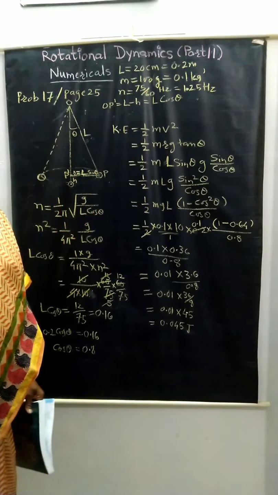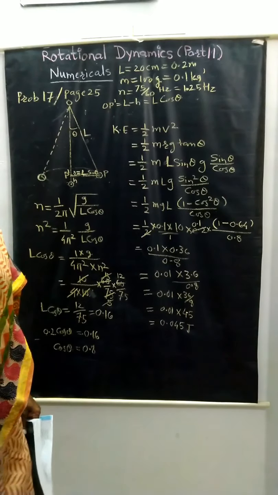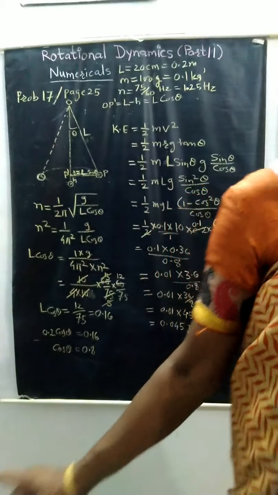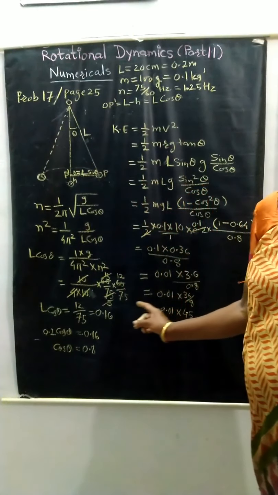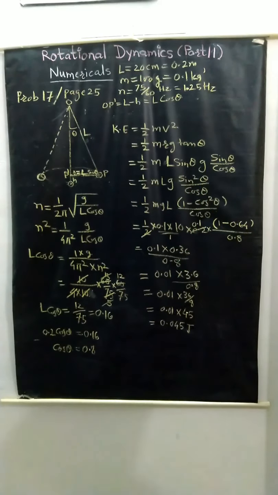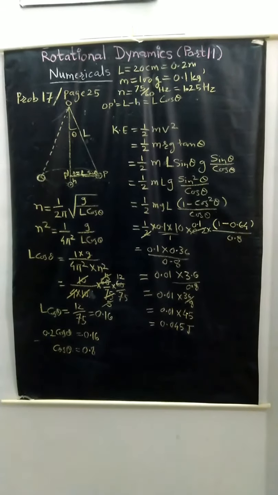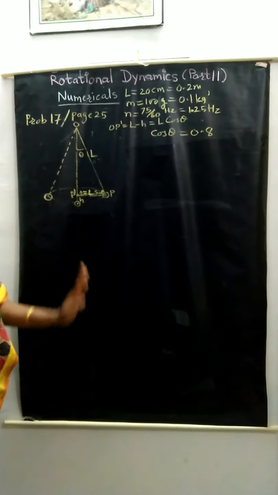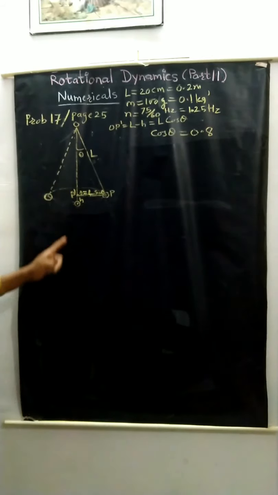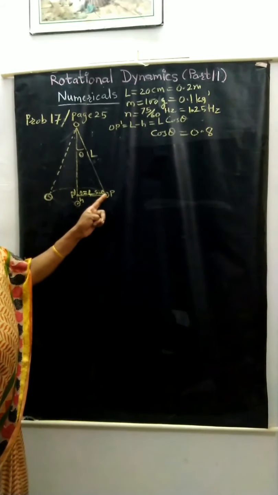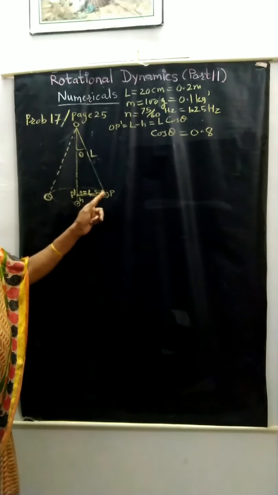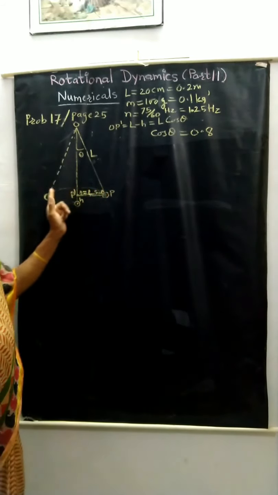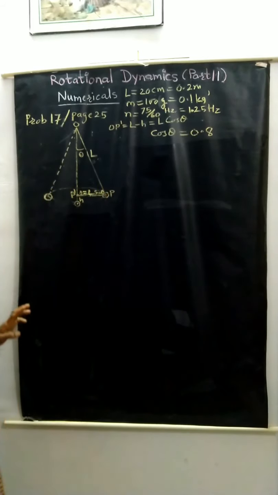Now the remaining thing is the increase in the potential energy of the bob of the pendulum. Now we have to calculate the increase in the potential energy when the bob of the conical pendulum revolves along a horizontal circle.